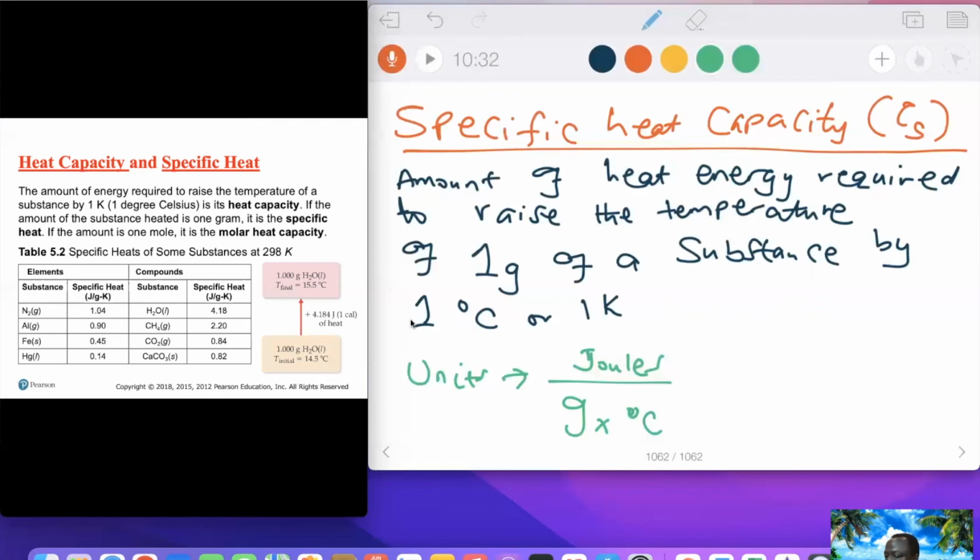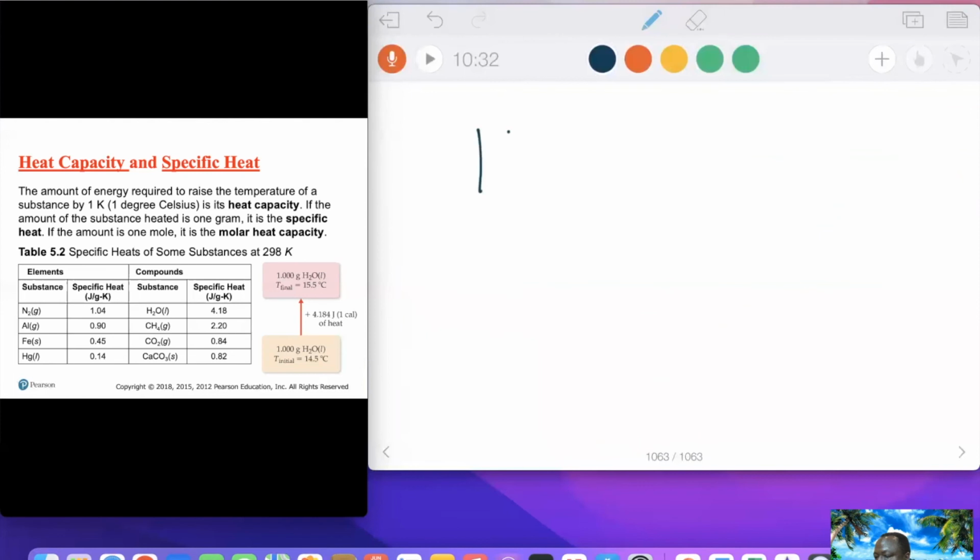Most of the substance we'll be working with in the lab is H2O, and for H2O the specific heat, Cs, is 4.18 joules per gram times degrees Celsius.